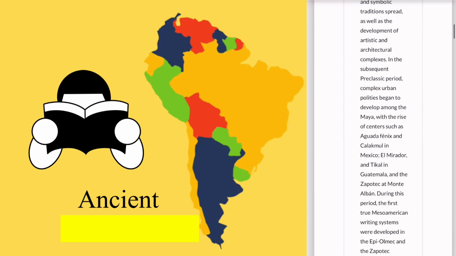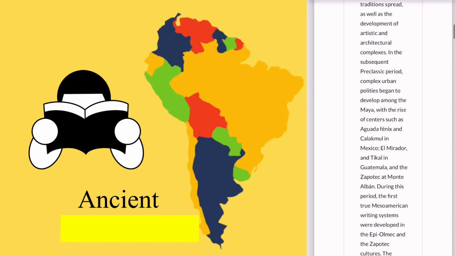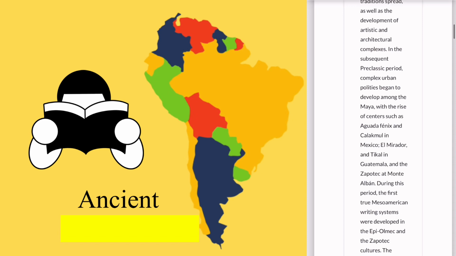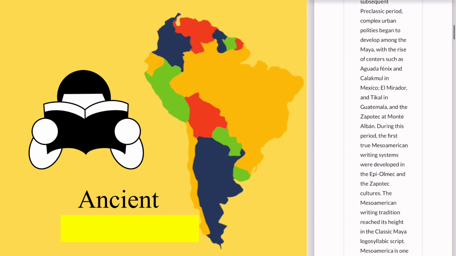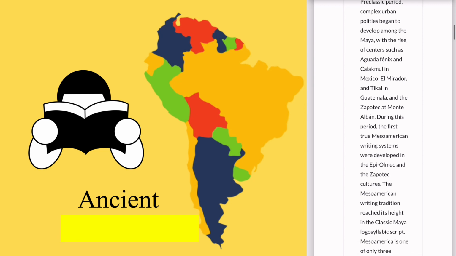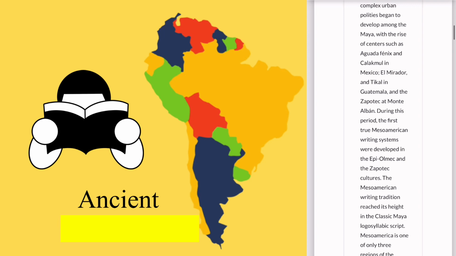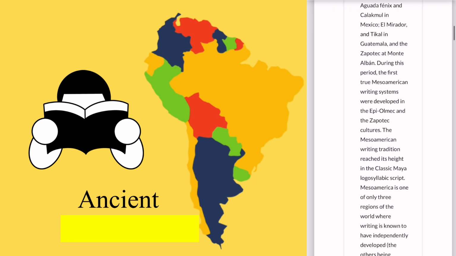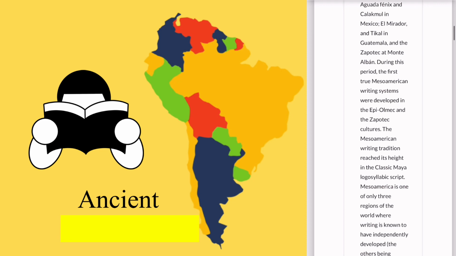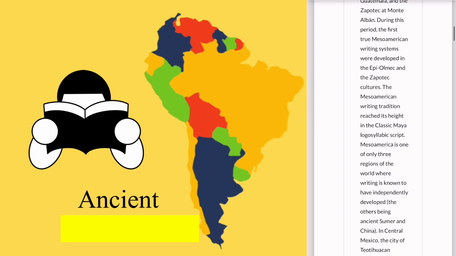The Mesoamerican writing tradition reached its height in the classic Maya syllabic script. Mesoamerica is one of only 3 regions of the world where writing is known to have independently developed, the others being ancient Sumer and China. In central Mexico, the city of Teotihuacan ascended at the height of the classic period. It formed a military and commercial empire whose political influence stretched south into the Maya area and northward.